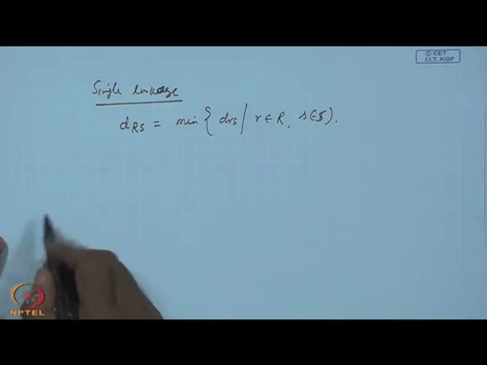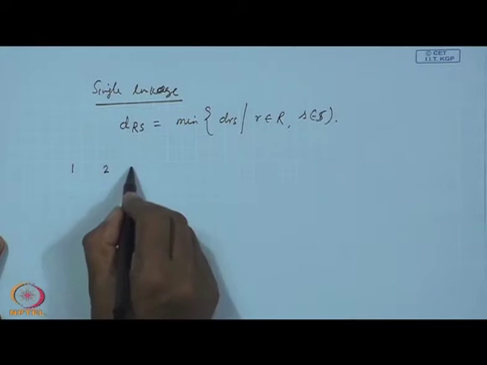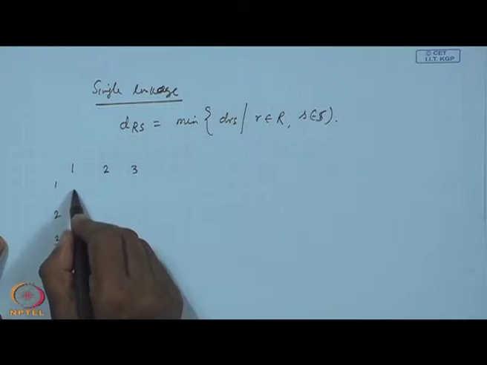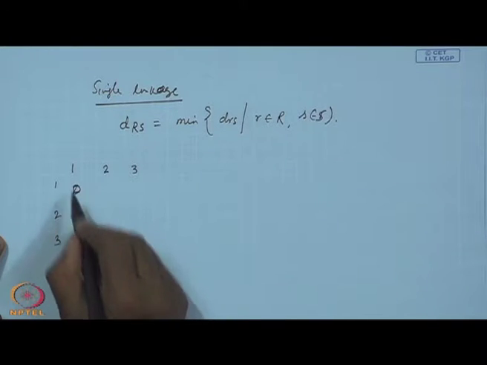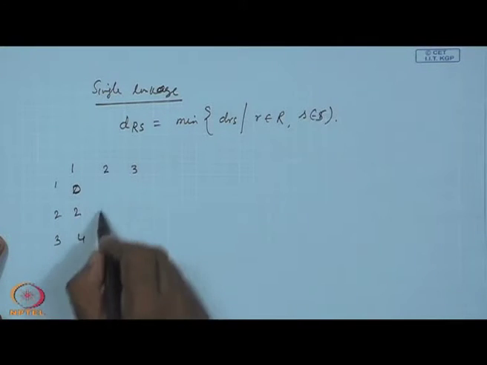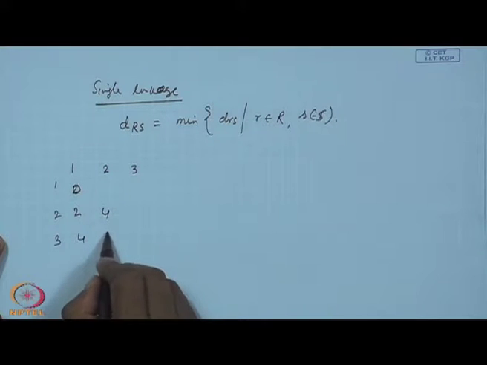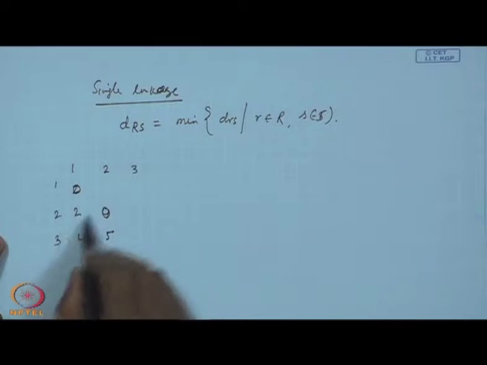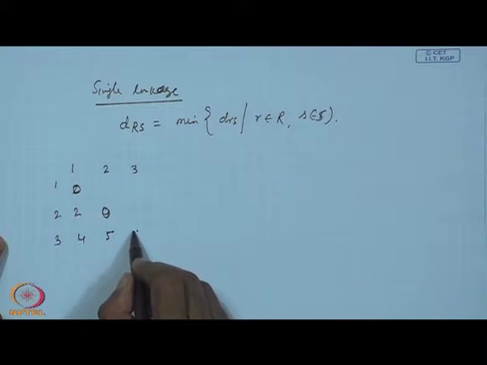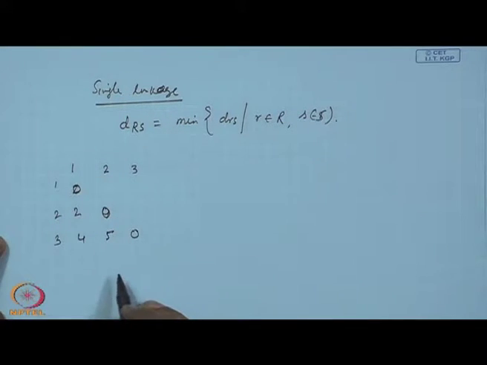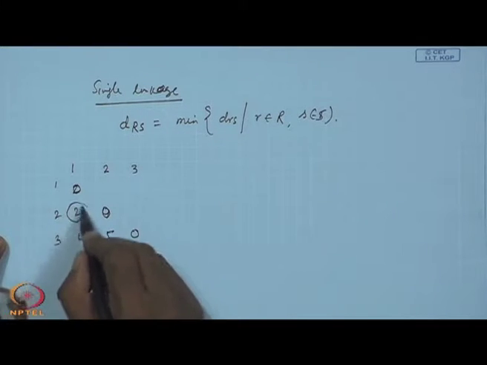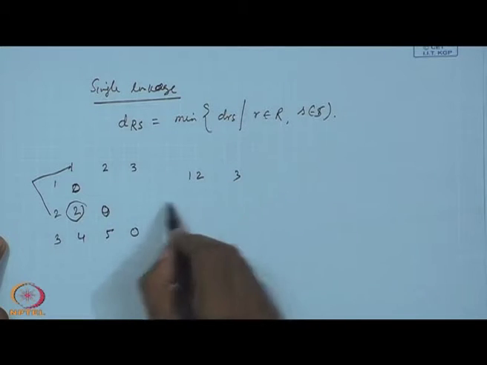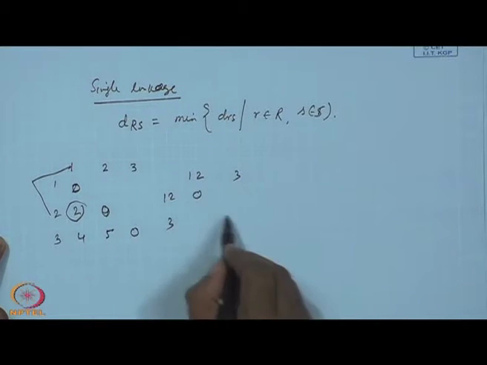So, we have seen earlier also, suppose there is 1, 2 and 3, and on this side 1, 2 and 3, and there are certain distances, let it be 1, 1, 0, 2, 4, and this one let it be 4, then this is let it be 2, 2, 0, 5, so then 3, 3, this will be 0. So, we first started with grouping, this is the minimum, we have grouped this. So, 1, 2 is grouped, then 1, 2, 3, this will be 0.